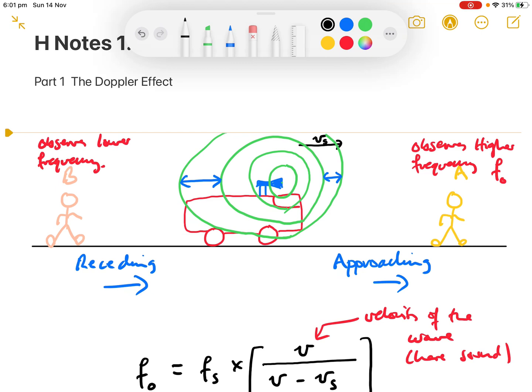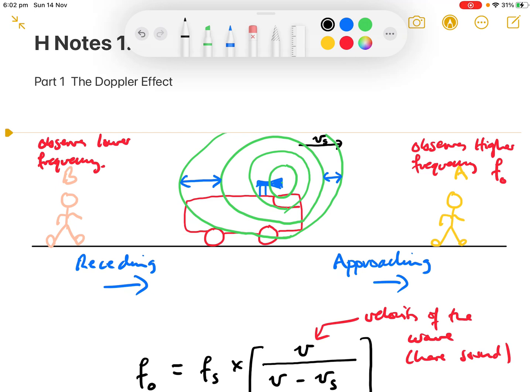That means their wavelength goes down, and therefore their frequency goes up, because V is F lambda, and the velocity of these waves is the speed of sound in air. So the consequence is that observer A hears this higher frequency. So he hears a higher pitch.